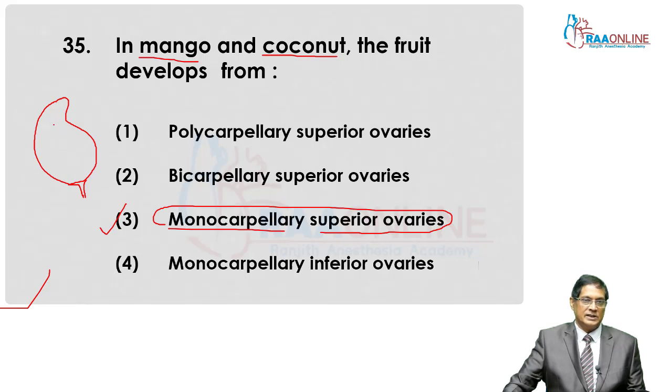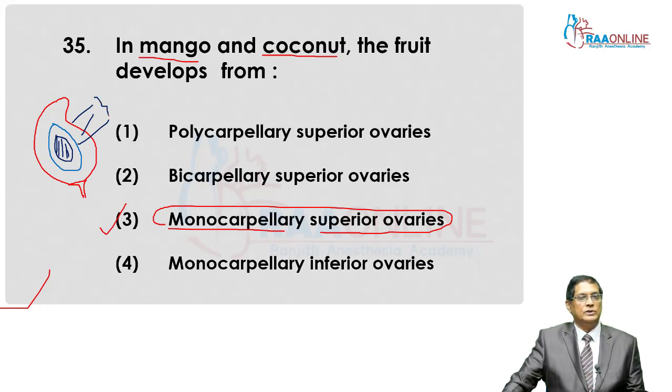the seed is present inside the hard stony endocarp. This is the hard and stony endocarp that encloses the seed. This is the position of the seed in this fruit. This is epicarp, this is mesocarp, this is endocarp.